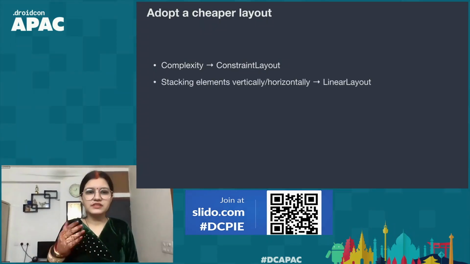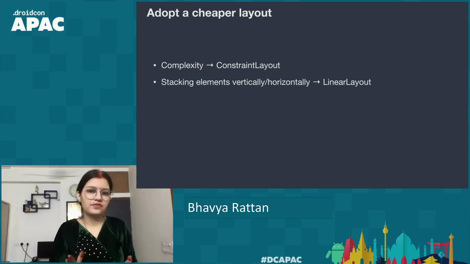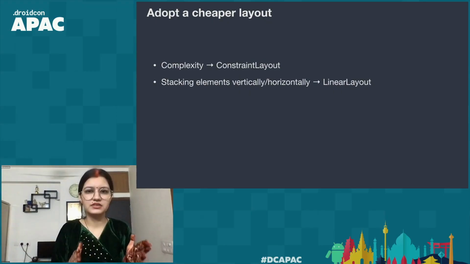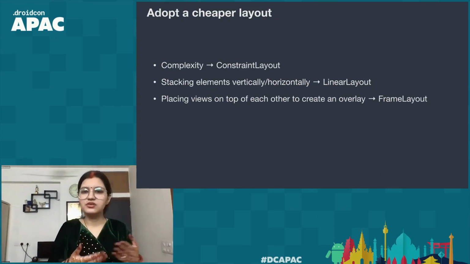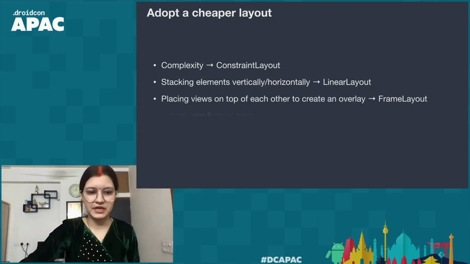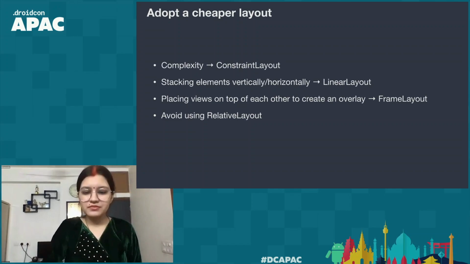For stacking elements vertically or horizontally, you should always go for linear layout, which is simple to use and just very specific and meant for that behavior. For placing views on top of each other to create an overlay, we should be using a frame layout. And avoid using relative layout always. I cannot stress enough on this point, because relative layout in itself causes double taxation every time whatever you do.